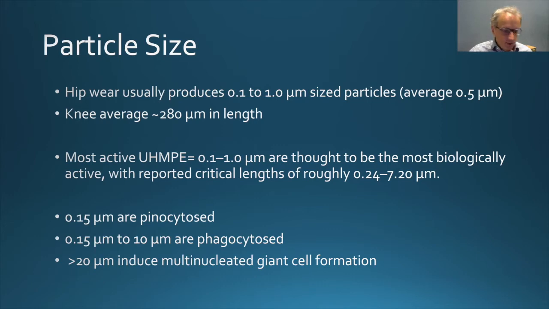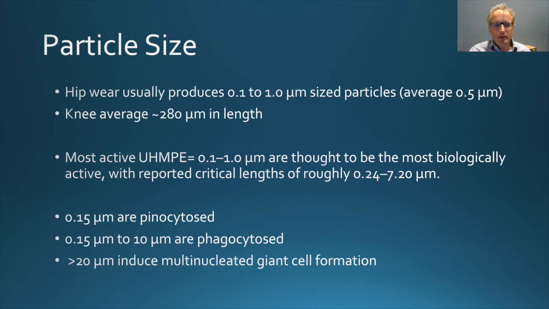And how the body deals with it, if it's less than 0.15 micrometers, they're pinocytosed. Pinocytosis is when the cell drinks the small fragments. 0.15 micrometers to 10 micrometers are phagocytosed. And these are the ones we're most concerned with. Greater than 20 micrometers induce multinucleated giant cell formation.